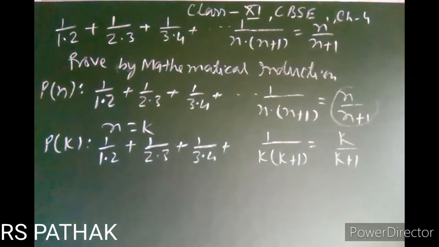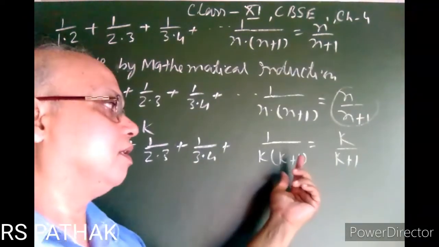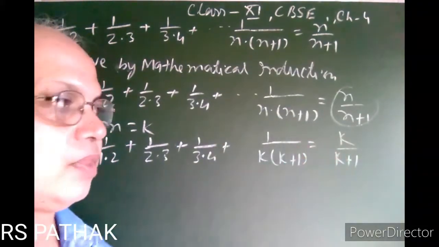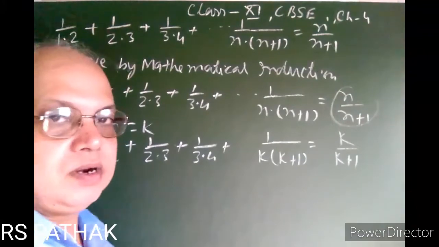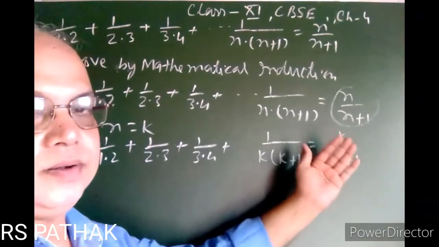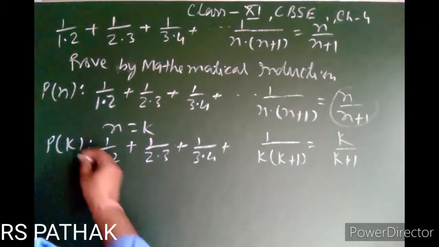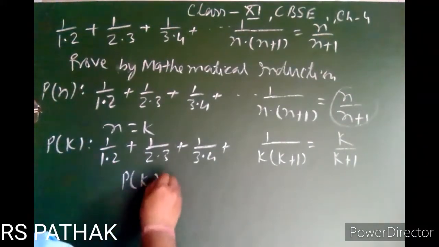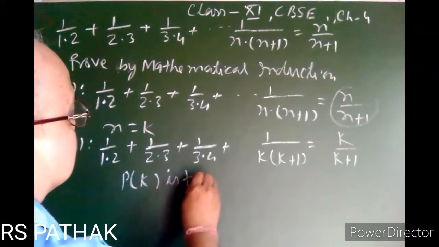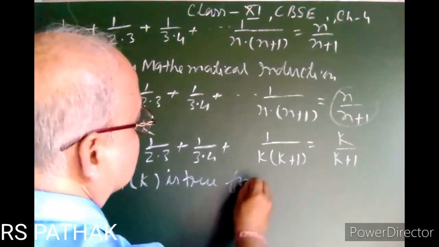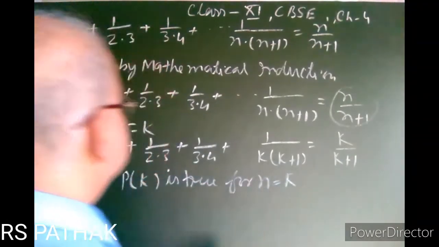Now this is the sum up to the kth term. Now we will find the next, k plus 1, for n equal to k. First of all, we will write P(k) is true for n equal to k.